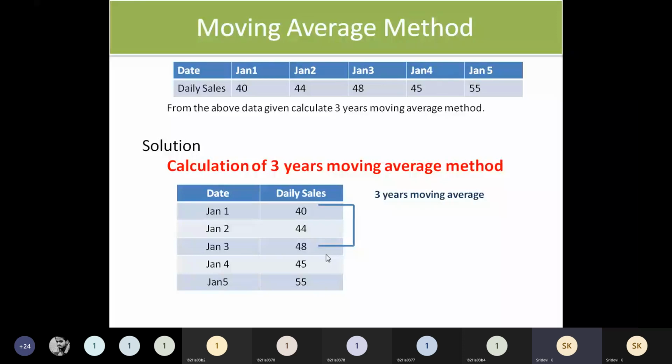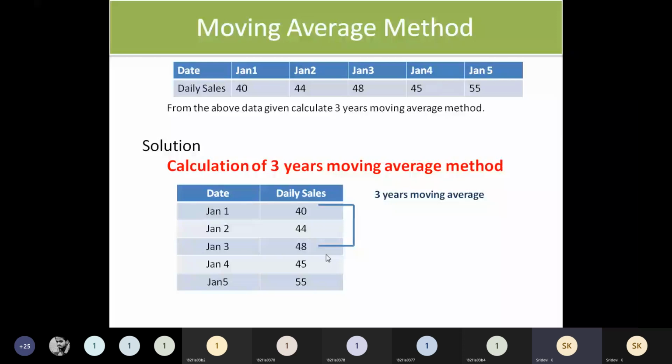If you take 5, you divide it by 5. If you take more, you divide it by that number. But every time throughout this concept, you have to take the same equal number of years or days to calculate the moving average.